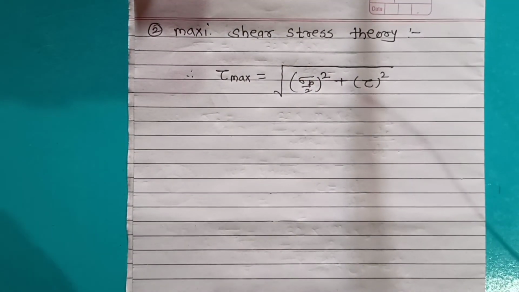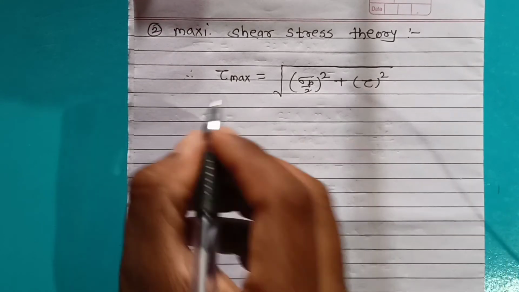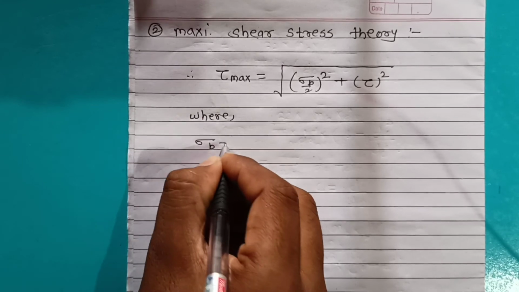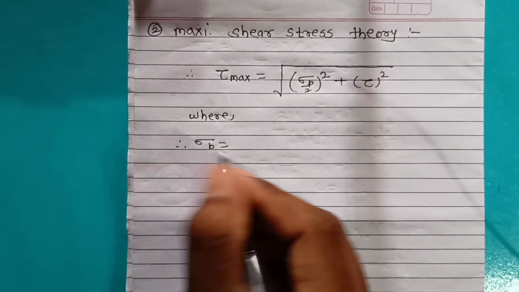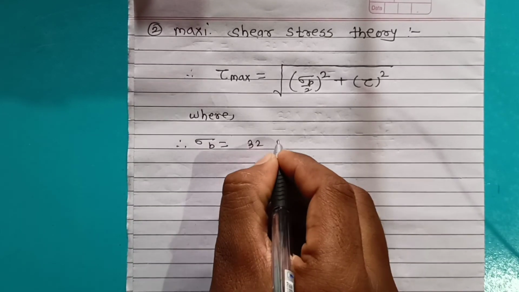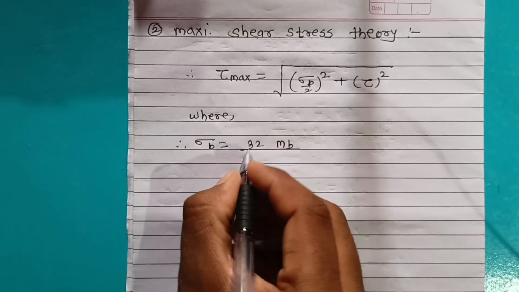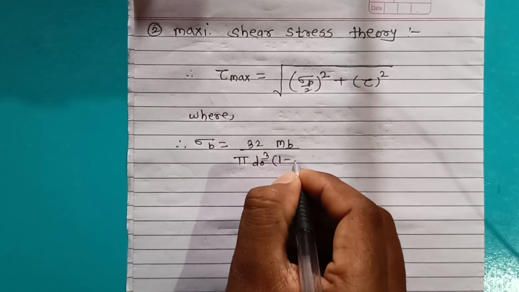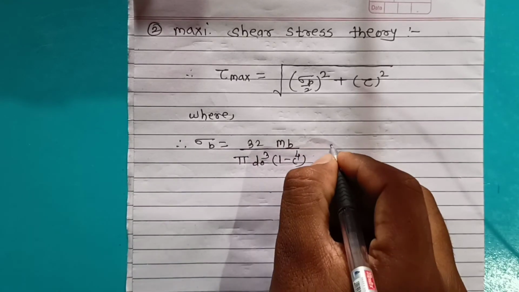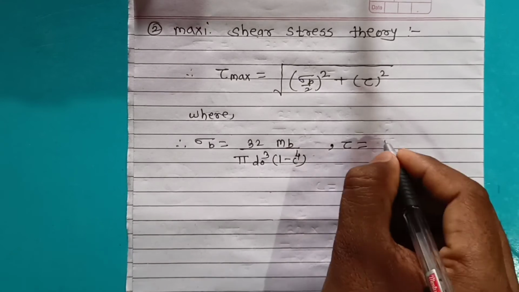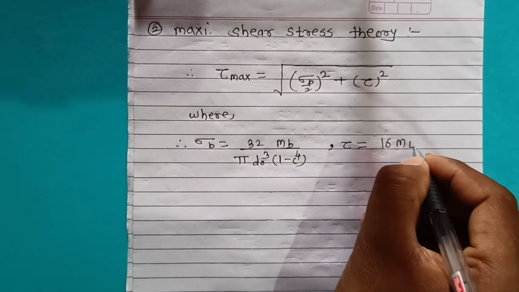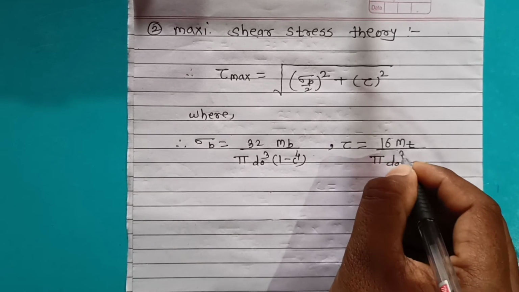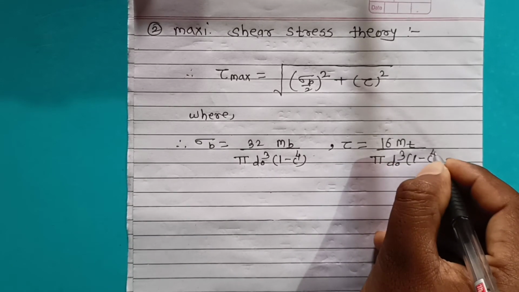Now here also we know the value of sigma b and tau, where sigma b is equal to 32 mb divided by pi do cube (1 minus c raised to 4), and the value of tau is equal to 16 mt divided by pi do cube (1 minus c raised to 4).